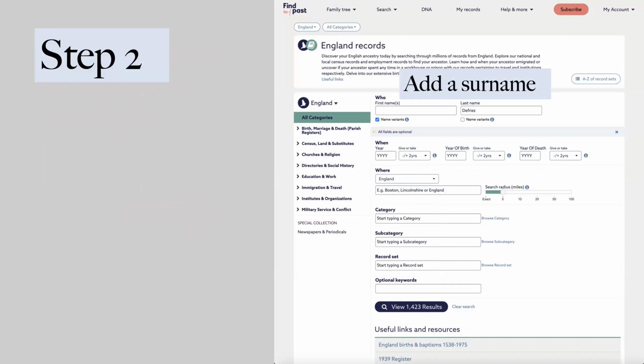And one thing that'll happen just very quickly with Findmypast is it will give you a results of the number of records they find with that surname. Now, there is a direct relationship between the number of records they find and how popular or how frequently that particular surname shows up.